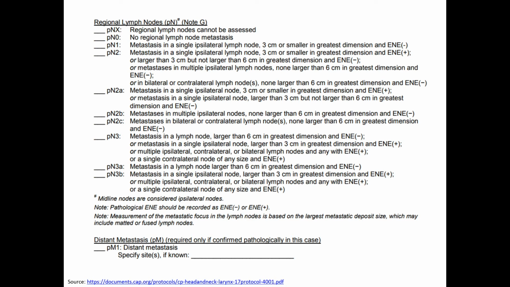So if the tumor crosses the midline within the larynx, most of the time the ENT will be able to observe that on the laryngoscope. So that'll sort of direct whether they're going to do bilateral dissection or not.